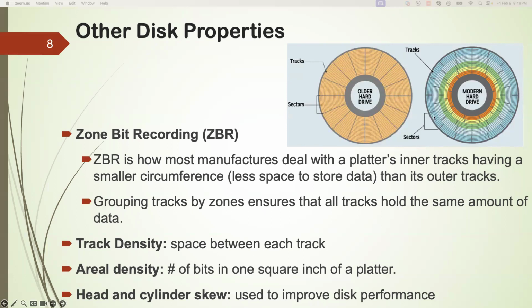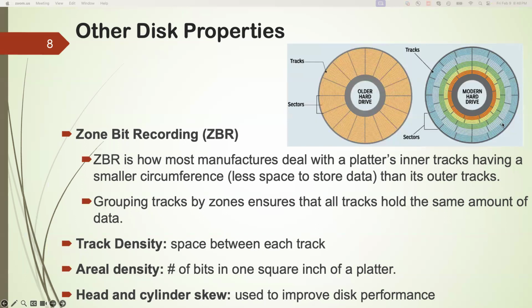We also changed the number of sectors that can be in one zone. Traditionally, all these tracks in the hard drive were considered the same, and they all had the same number of sectors. But now with zone bit recording, the tracks that are towards the center, since they are physically smaller in size, have fewer sectors as compared to the tracks that are on the rim or outside.